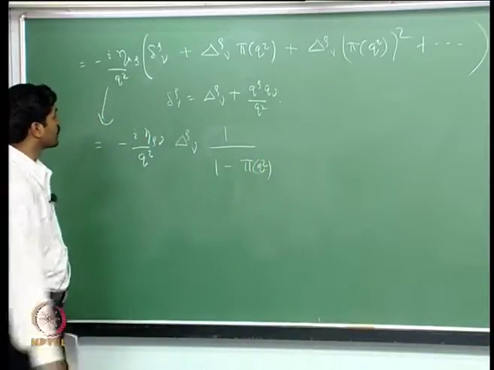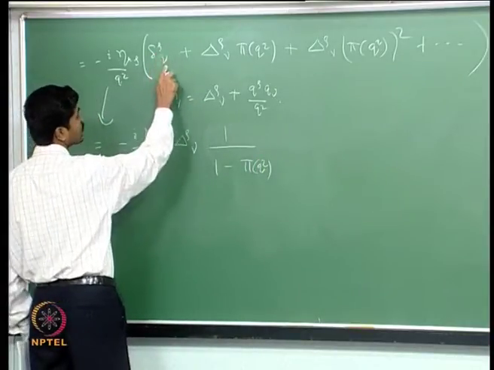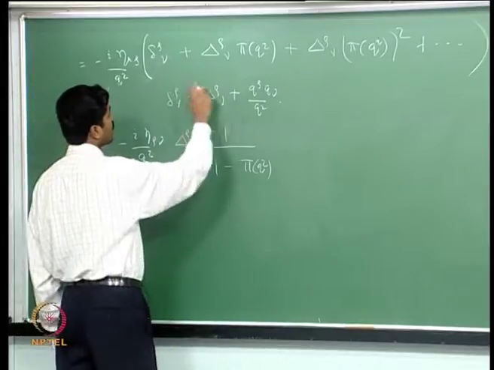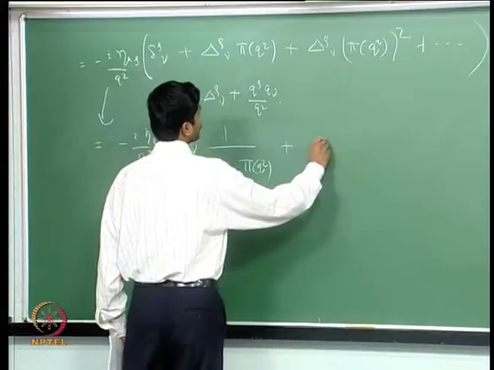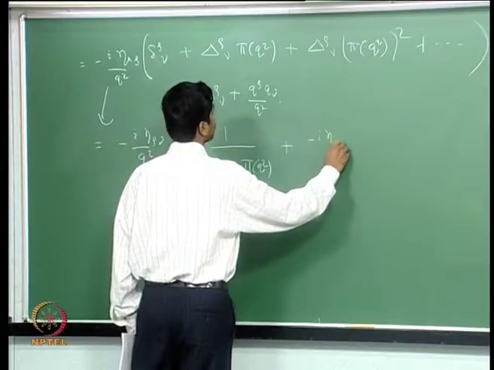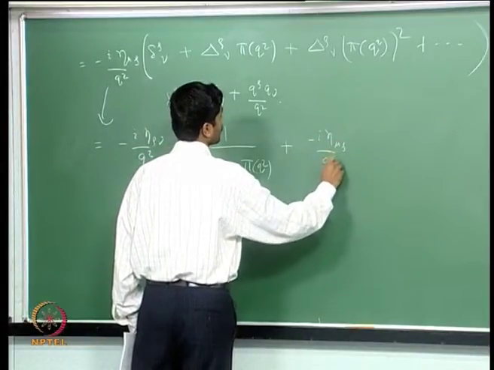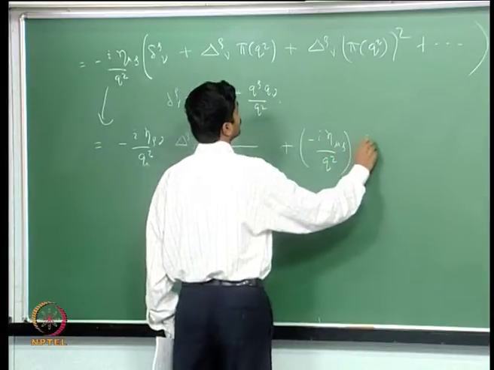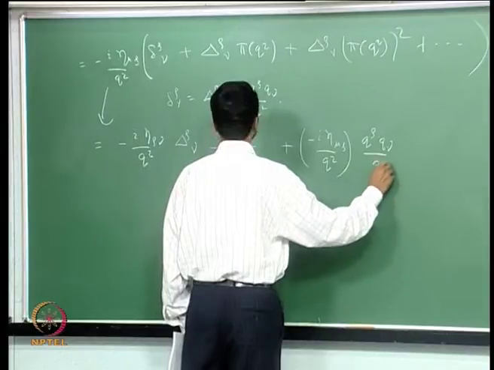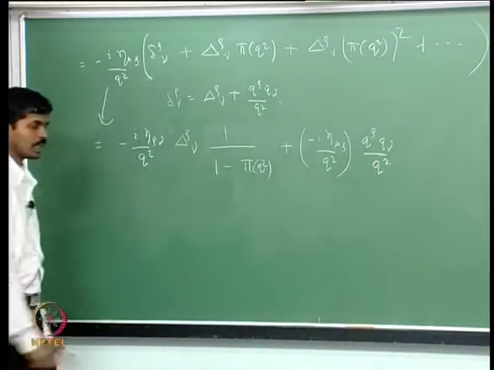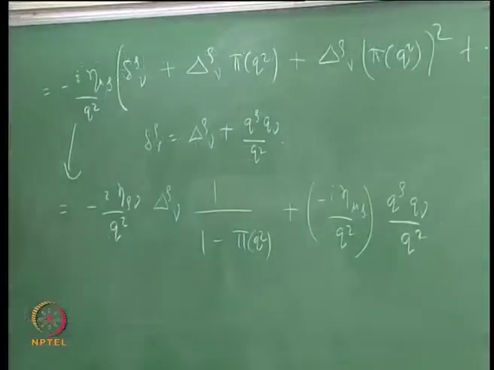And finally, because I have a Kronecker delta here instead of this, I will get an additional term, which is given by minus i eta mu rho divided by q square times q rho q nu divided by q square. This is what I am going to get at the end of the day.